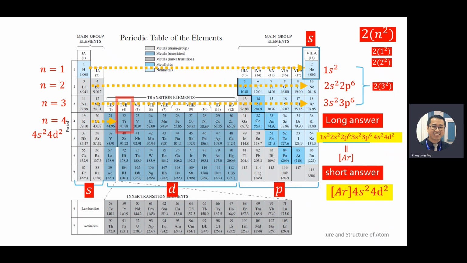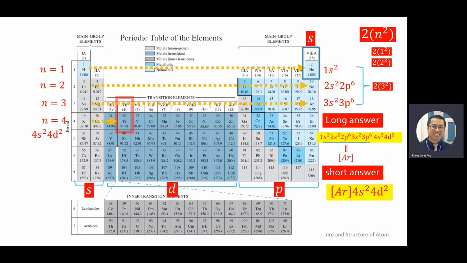So once you understand how to use the periodic table to form the electron configuration, then you are okay already. Your answer ignores the 3D. Yeah, 3D. You're supposed to use the 3D 2 plus 2, I think.